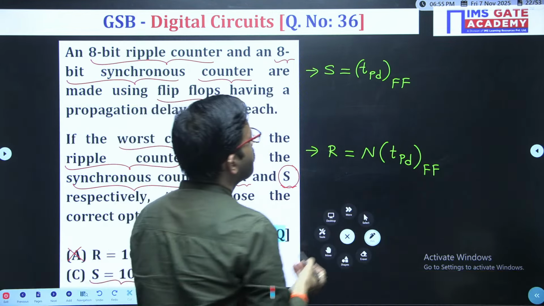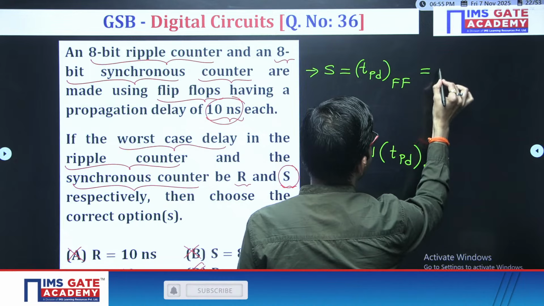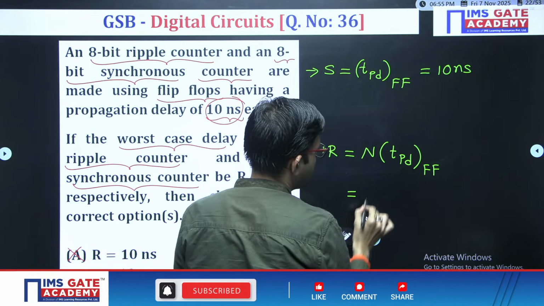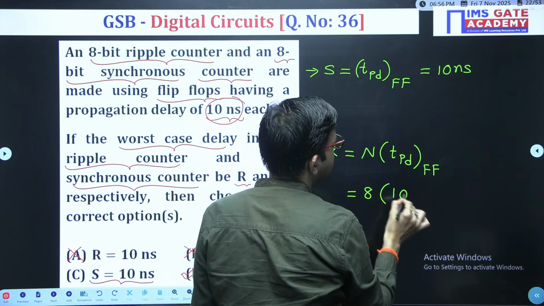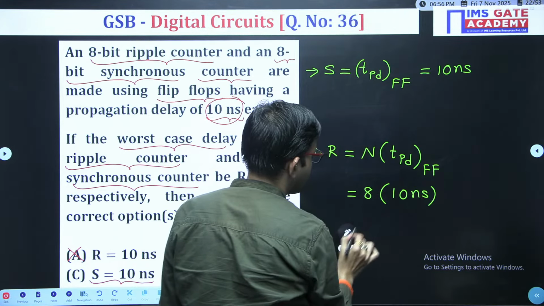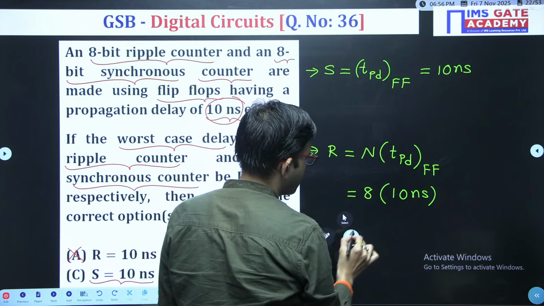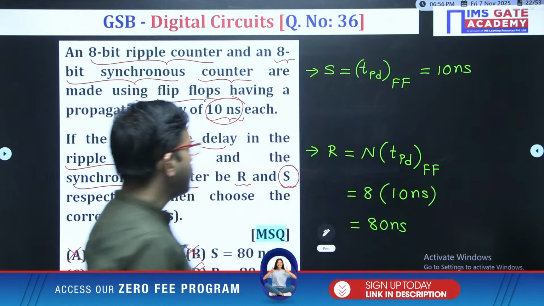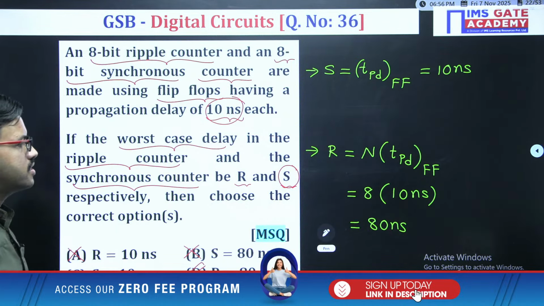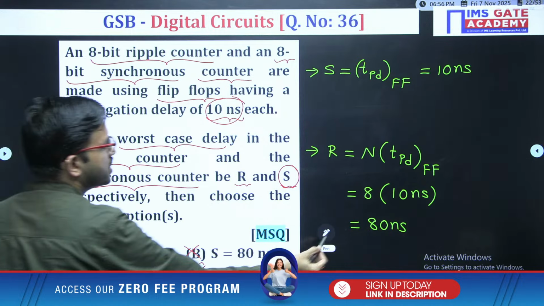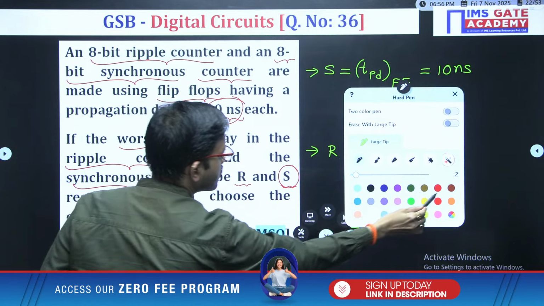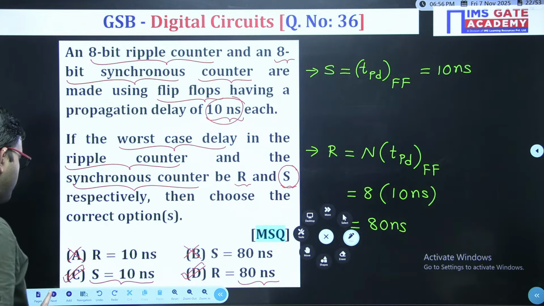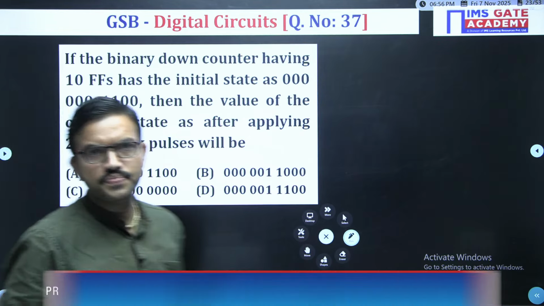In this case, the propagation delay of the flip-flop is given as 10 nanoseconds and n is 8, so 8 into 10 is 80 nanoseconds. So the R value is 80 and the S value is 10. That means option C and option D are correct. Next question.